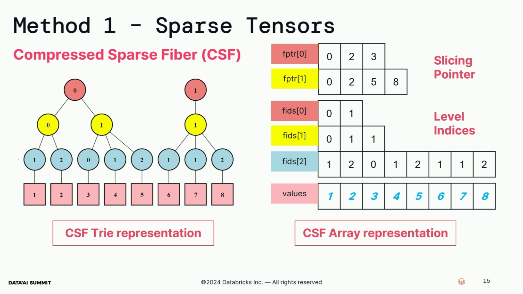When you look at f pointer 0, you can see the value 2, which means that the red node 0 has 2 yellow subnodes, and the value 3 means that red nodes 0 and 1 have in total 3 yellow subnodes in the next level. The level indices just record every index in the current level, and the values just record every non-zero value.